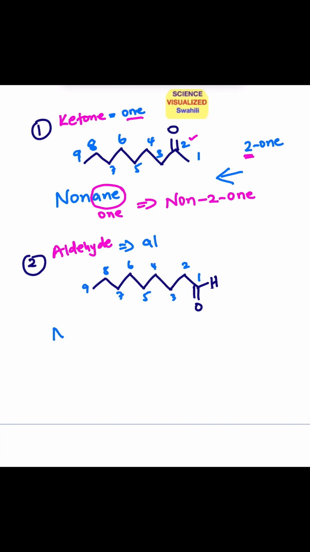That also has 9 carbons, and we saw from example number 1 that an alkane chain with 9 carbons is nonane, but now you drop the ane and replace that with al, and we don't need to show the position because for aldehydes, the carbonyl is always on the first carbon, and therefore the name for that is going to be nonanal.